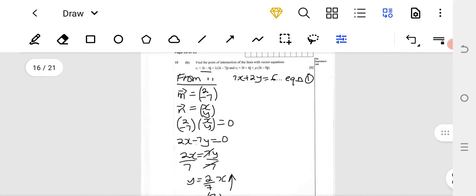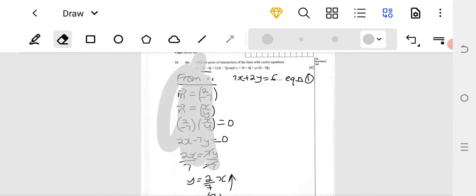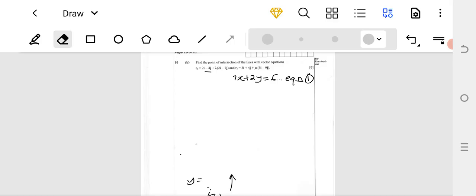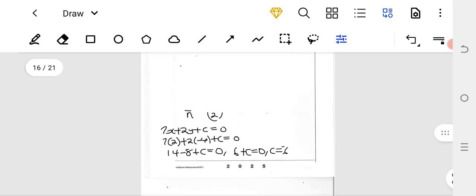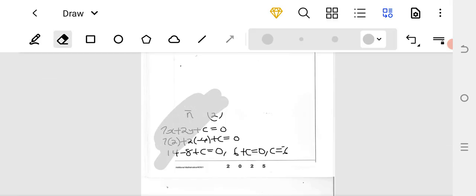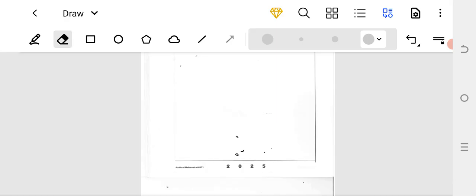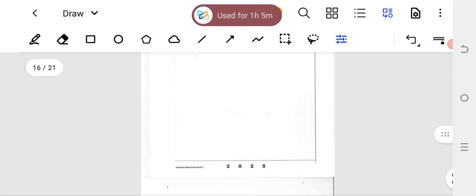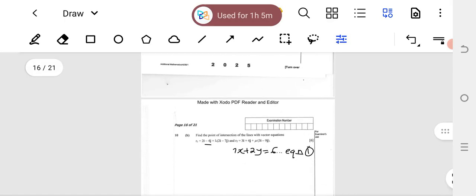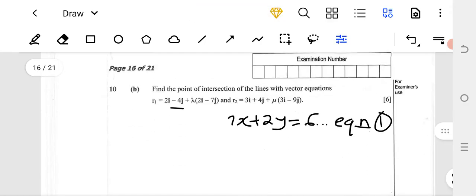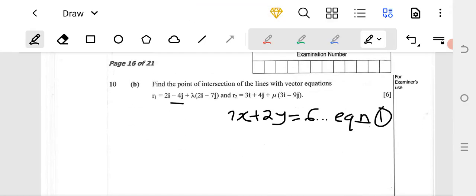And did you see all that went through to just form our equation 1? So I'm not going to use that method again. I'm going to use a faster method now, because I've explained. If you're not clear, I hope you follow what I'm going to do here so that you can be clear.